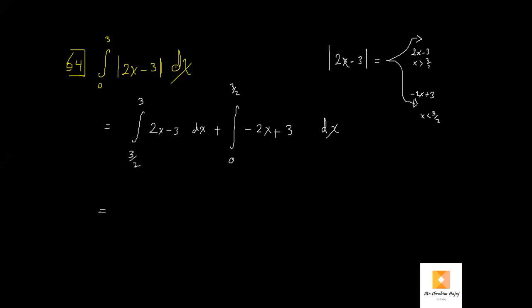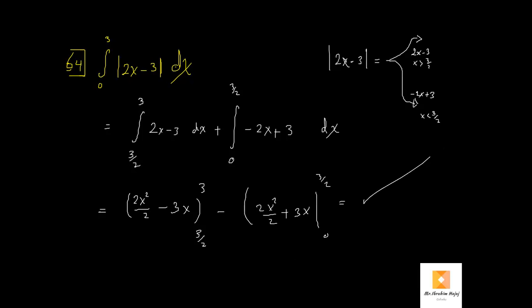Then we have negative 2x squared over 2 plus 3x, and next, 2x squared over 2 minus 3x, at 0 to 3 over 2 and 3 over 2 to 3, and then calculate. This is the idea of this question.